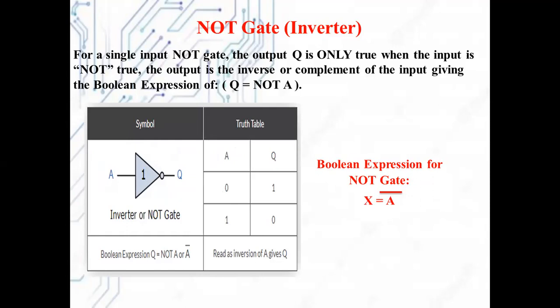So, mangyayari, magiging inverter po yung natin. So, here's the Boolean expression po. X is equal to inverter A. Or X is equal to not A. Okay?